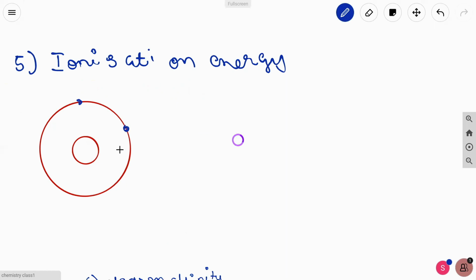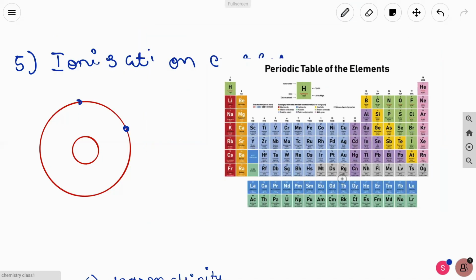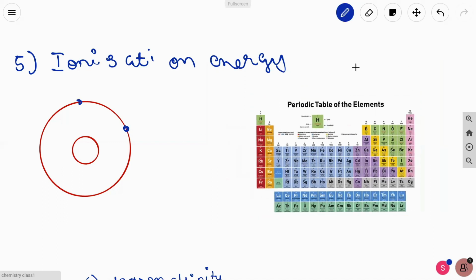Down a group, we have discussed that the number of shells increases, and the effective charge on each valence electron also decreases because the distance r squared overcomes the increase in nuclear charge.